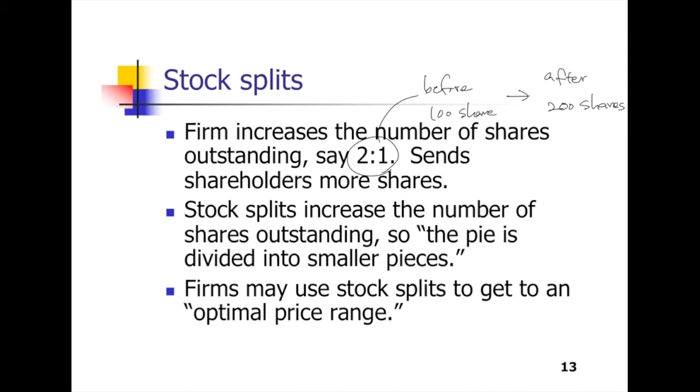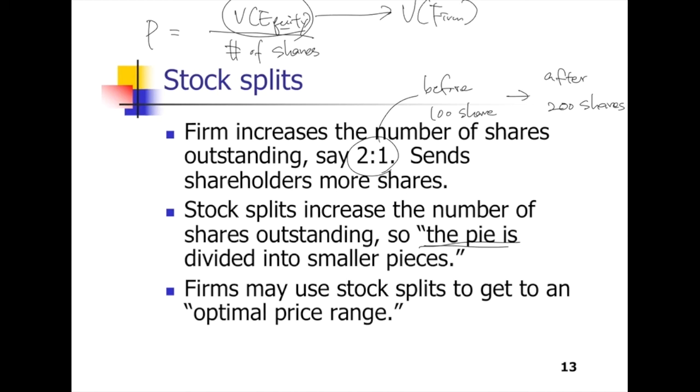Like the Yogi Berra story in MM's theory part, the pizza is divided into smaller pieces, right? When we run the corporate value model, the price of shares can be determined by the value of equity over the number of shares. And the value of equity can be calculated by the value of the firm subtracted by the value of debt, right? How can we get the value of the firm? Yeah, from the free cash flow, right?